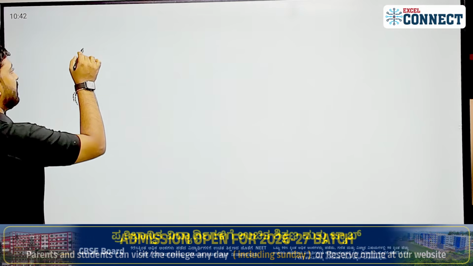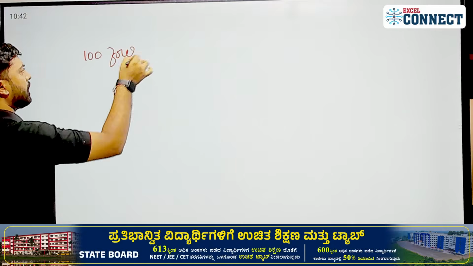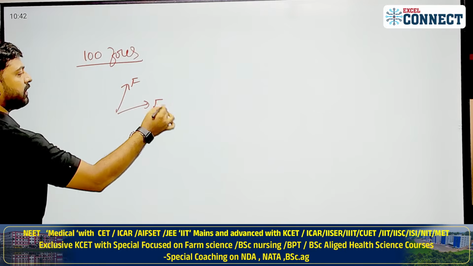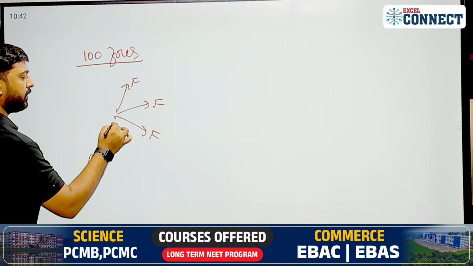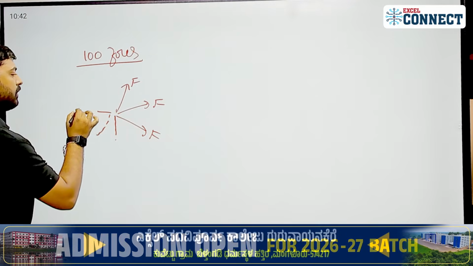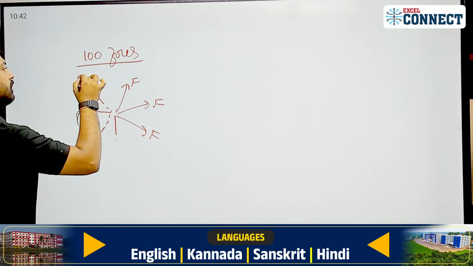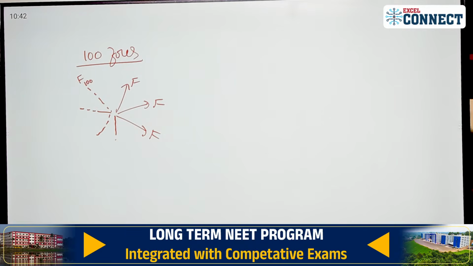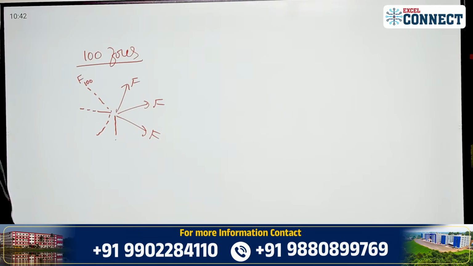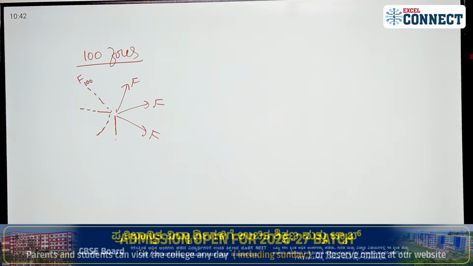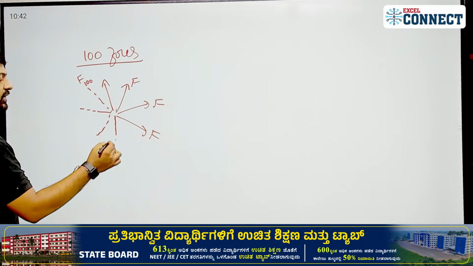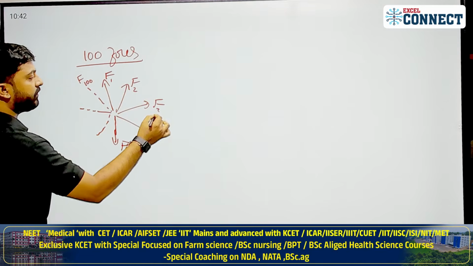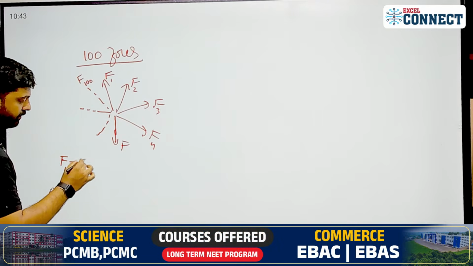So if there are 100 forces, all are the same, all originating from the same point, F1, F2, F3, F4, all are equal, magnitude is equal.